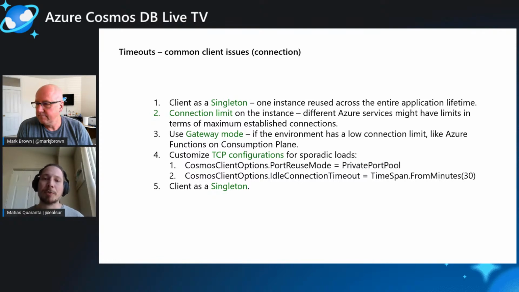Setting the Cosmos client options port reuse mode to private pool and the idle connection timeout on the Cosmos client options will make the SDK, after the timeout that you specify, start to close those unused connections. So it's beneficial if you want a kind of soft control on the amount of connections, to close the ones that you are not using.